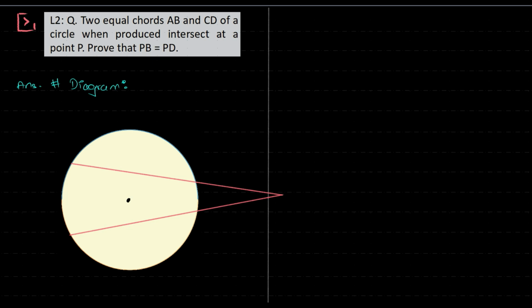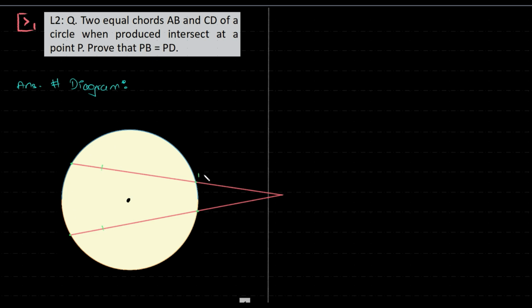So what is given over here? We have point A, point B, point P, and point Q. So AB is equal to this length. And they have extended, and they're given the names, two chords AB and CD, which when produced intersect at P. So this is D and that's A actually.